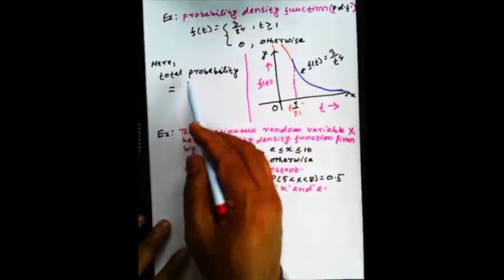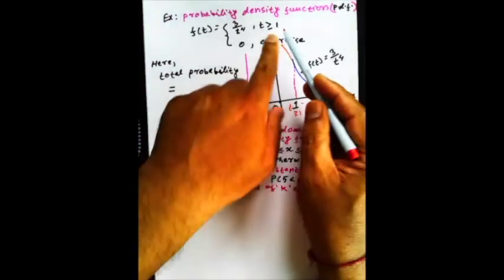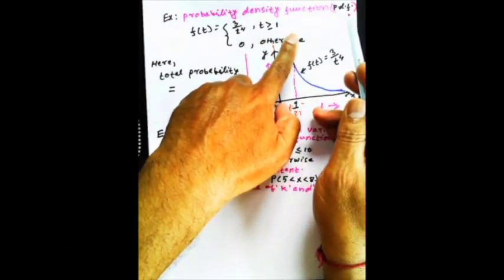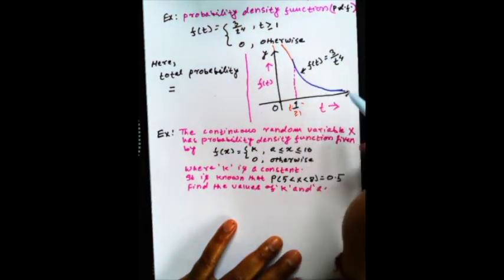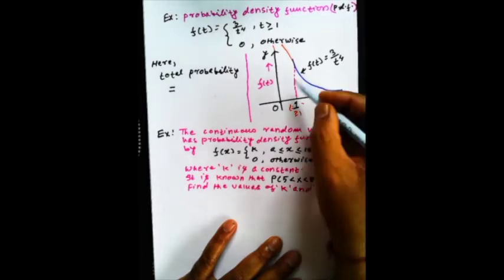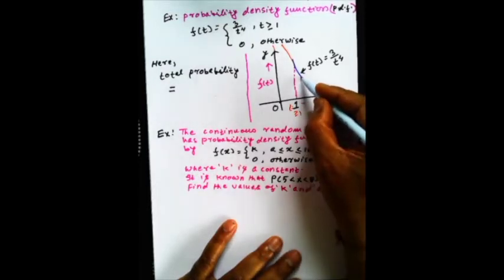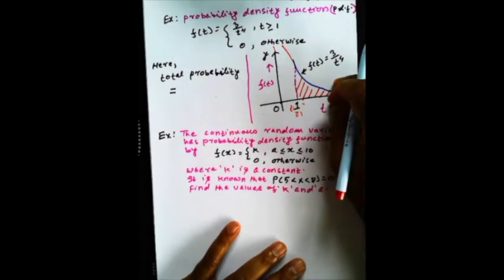Now we are talking about the total probability. Total probability means we add up all the probabilities from 1 and beyond. So how do we add this in a continuous form, in the functional form? We always integrate the area under this curve. So if you find this area between 1 and infinity, then it will give you the total probability.